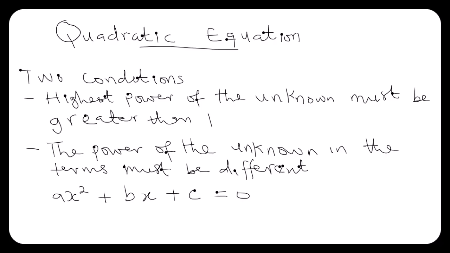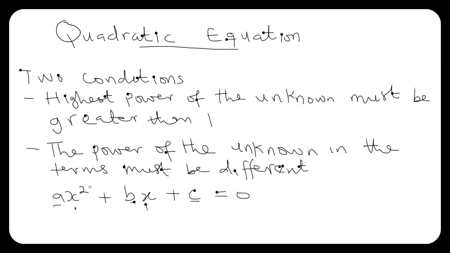The first condition is that the highest power of the unknown must be greater than 1. Here a, b, and c are constants. The unknown we have here is x, the only variable.